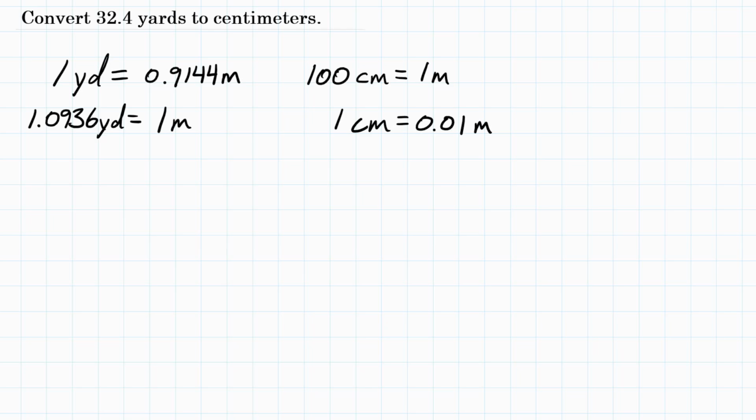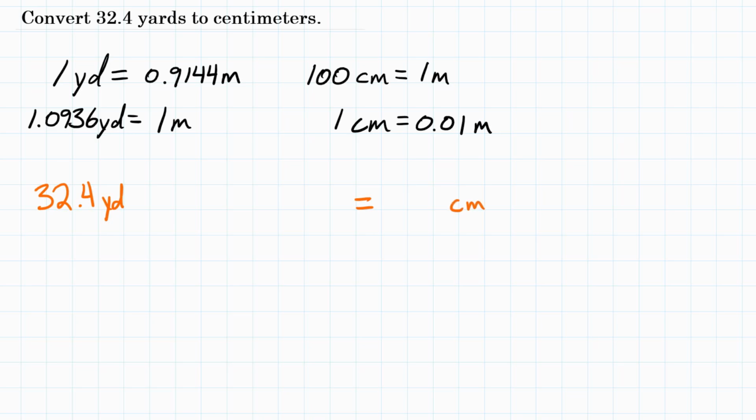All right, the problem says to convert 32.4 yards to centimeters. So this is a multi-step dimensional analysis problem where we are going to turn 32.4 yards, abbreviated YD, into some number of centimeters.